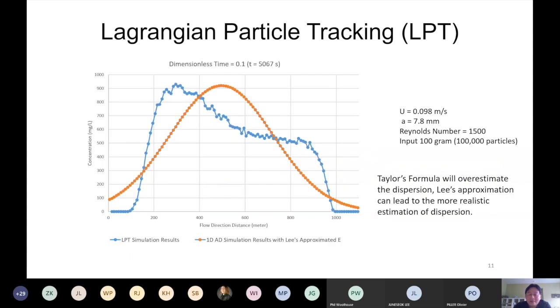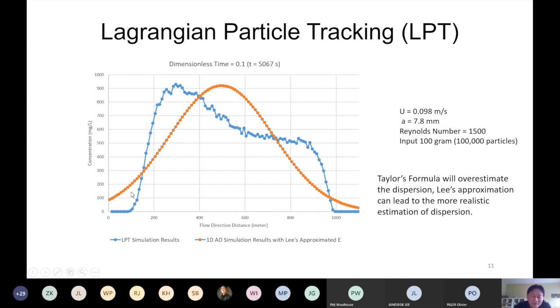Then let's see when the time is shorter. Not that much shorter, it's still 5,000 seconds, but the dimensionless time is 0.1, and it's shorter than the requirement for the Taylor formula. You can see they still match pretty well, but here I'm using Yang-Ho Lee's approximation for this effective dispersion coefficient.